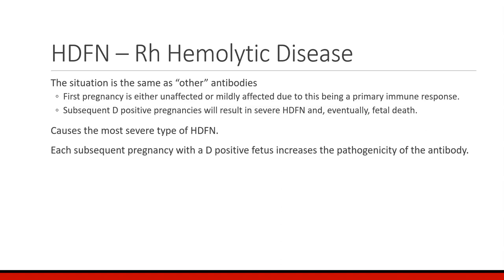And it was really sad. I think she said this woman had 10, 12 pregnancies in a row, not giving up her desire to have another child. So again, each subsequent pregnancy, the pathogenicity of the antibody increases, resulting in quick, rapid destruction of D-positive cells.